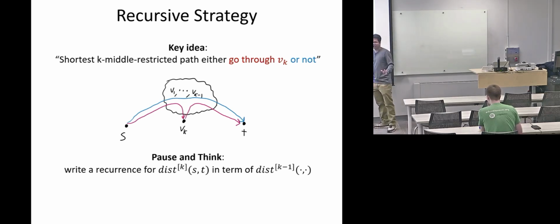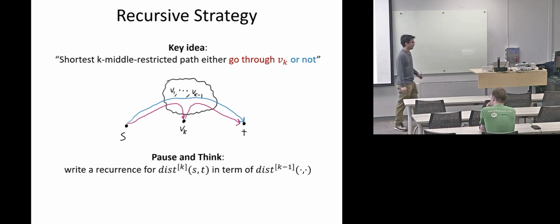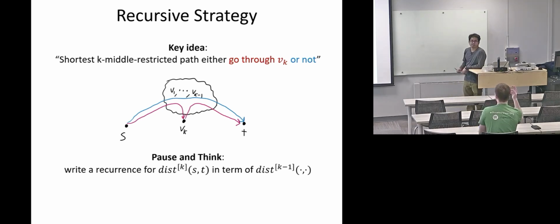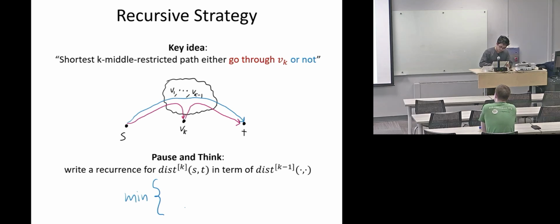With this key idea, tell me what the recursive formulation should be. It would be the min of going through Vk or not, so the min of dist with K minus 1, since that's when you're not using K. The other option would be to add K, for all edges you consider replacing them with an edge to K. I'm not exactly sure how to formalize that.